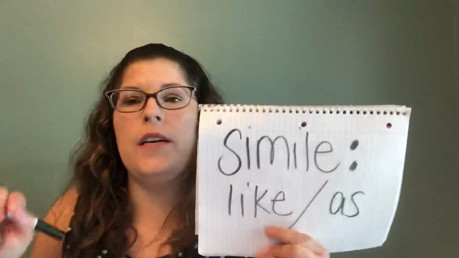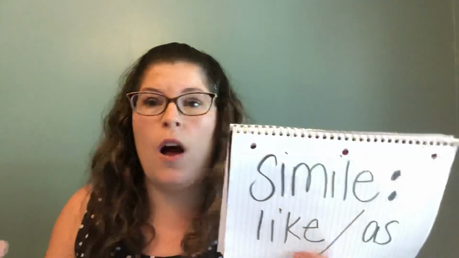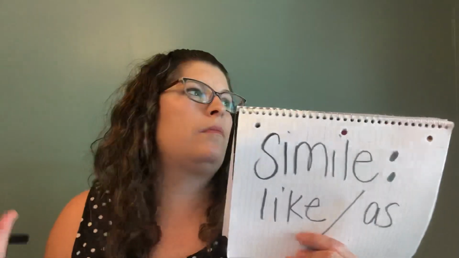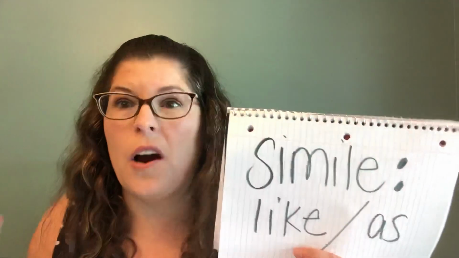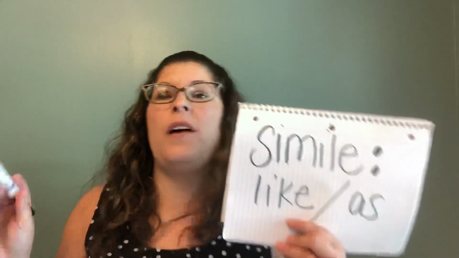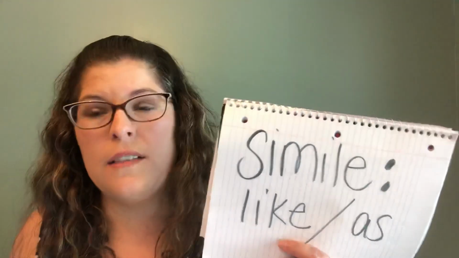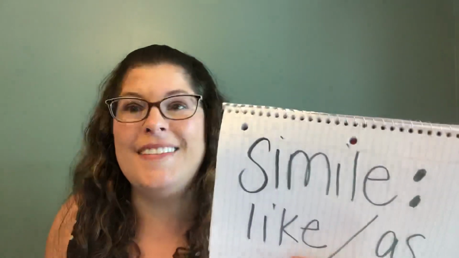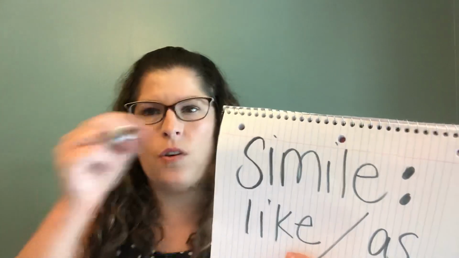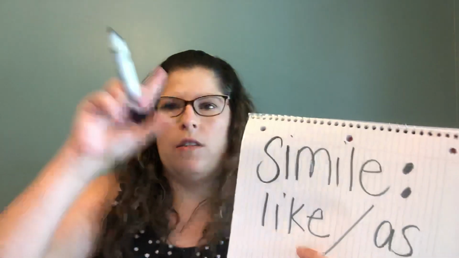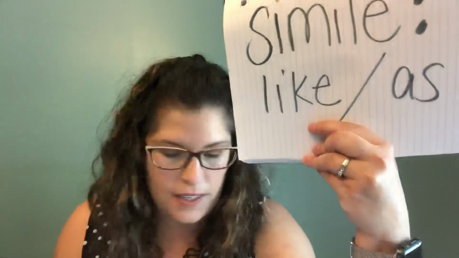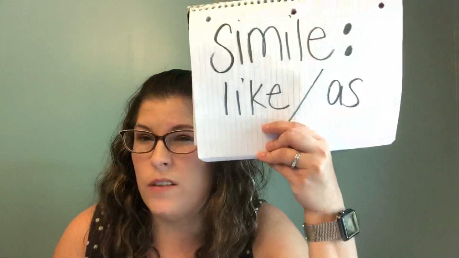So if your hair is like hay or straw, it might be really dry. If your breath is like a garbage can, or your breath is as stinky as a garbage can, first of all, that's weird. I don't know why I said that, but you're comparing 2 things. So your breath to the garbage, your hair to straw, using like or as. So you're gonna find 2 similes in there. Like or as is your key word to look for.